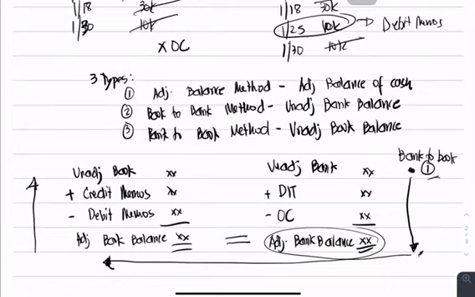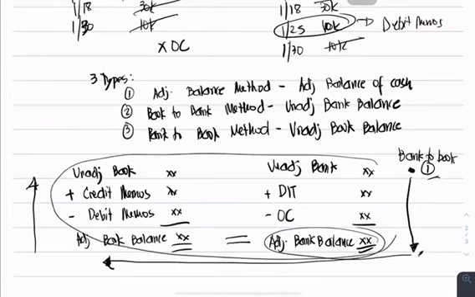And then you work back to get for the unadjusted book. Rather than memorizing the formula of plus DIT less OC plus debit memos and credit memos. Either way, you will get the same answer. I just want you to focus on one formula which shows the adjusted balance.